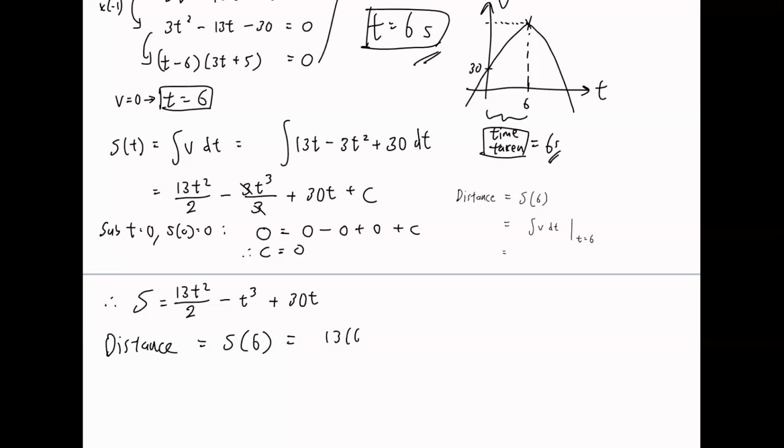You just need to sub in. It's before a turning point. 6 power 3 plus 30 times 6. I'll leave you to type this in the calculator on your own.